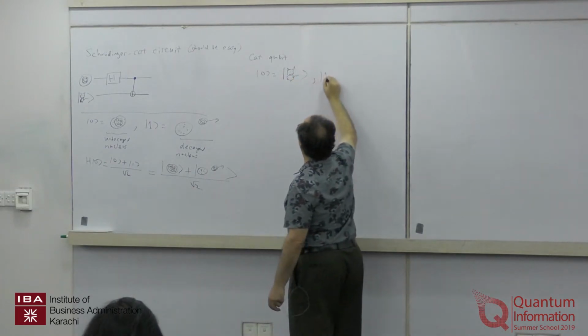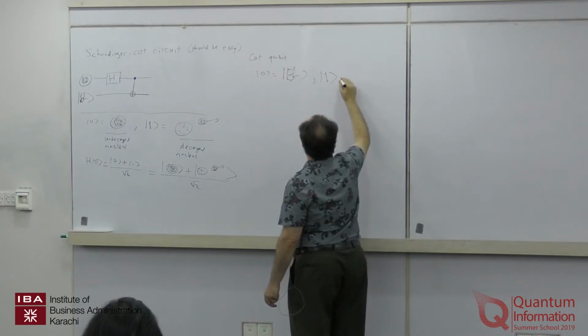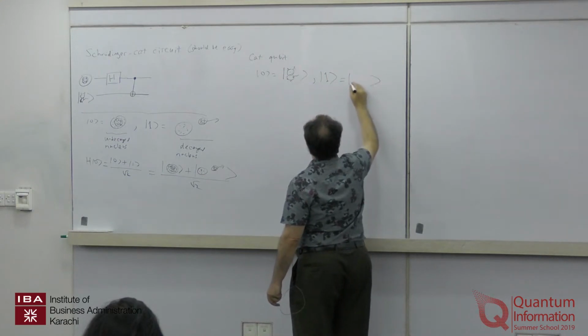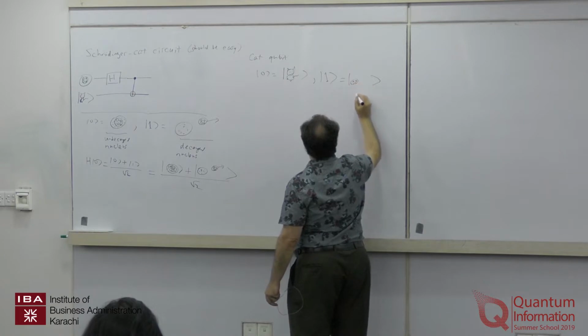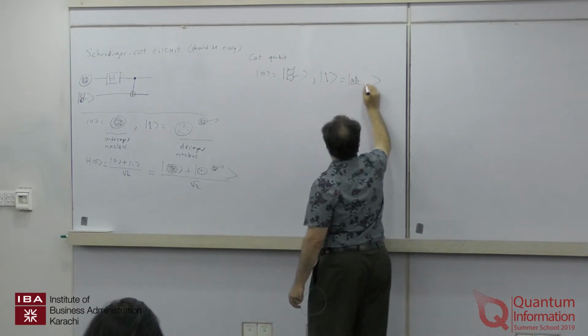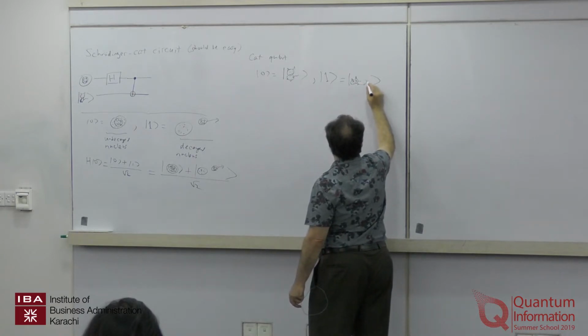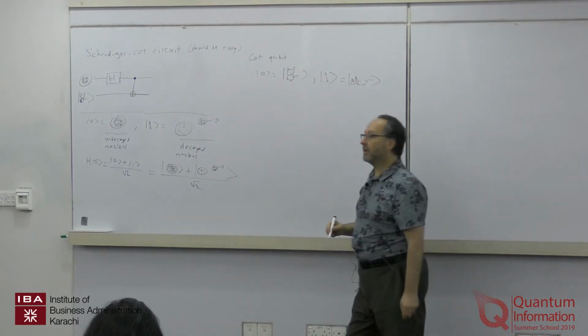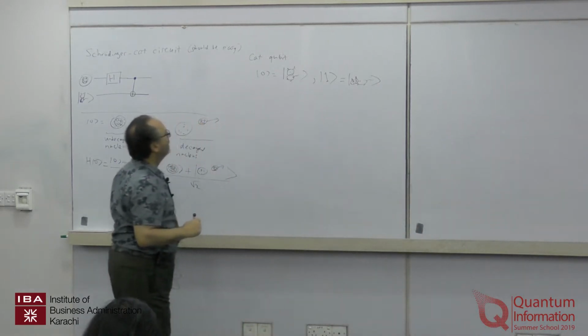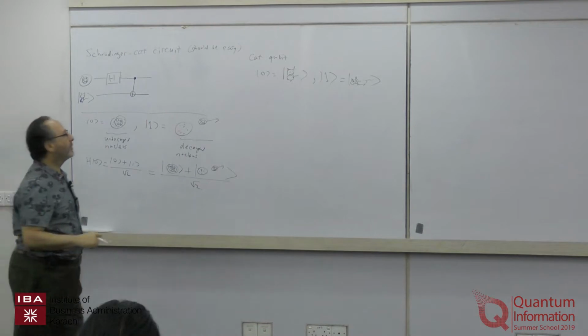And 1 is equal to the dead cat. Okay, so there's a dead cat. And then let's go through the controlled NOT operation.